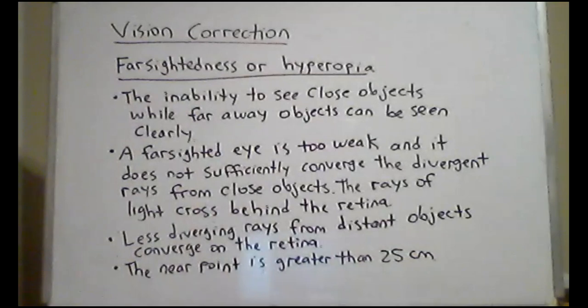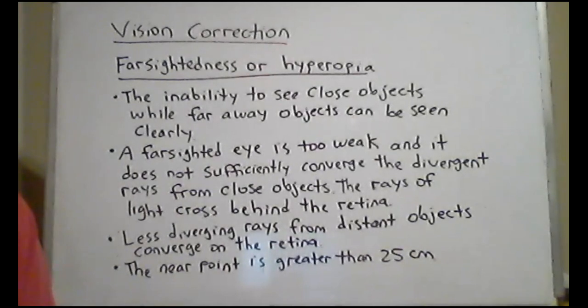Now, how do we correct these? Well, first of all, let's take a look at what this looks like in a diagram. So why would somebody be nearsighted or farsighted? So that's the next question. Give me a moment to get the right pictures up.